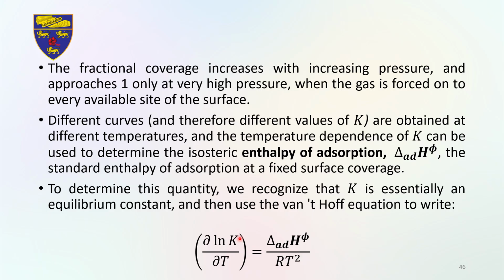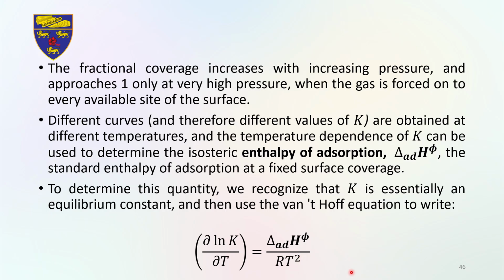We then apply the van 't Hoff equation, which relates the change in the natural log of K with respect to the temperature, dT, to the enthalpy of the process, delta H. So by measuring how K changes as we change the temperature, we can use this equation to find the energy released or absorbed during the adsorption process.